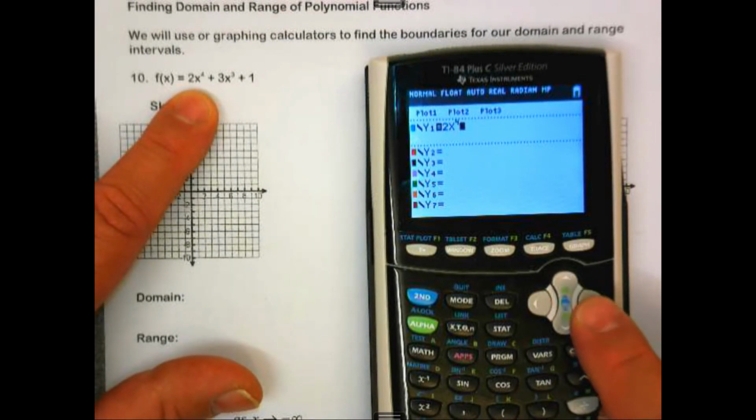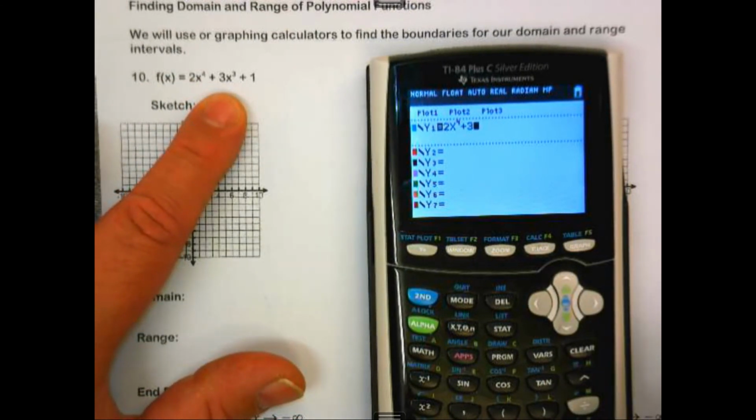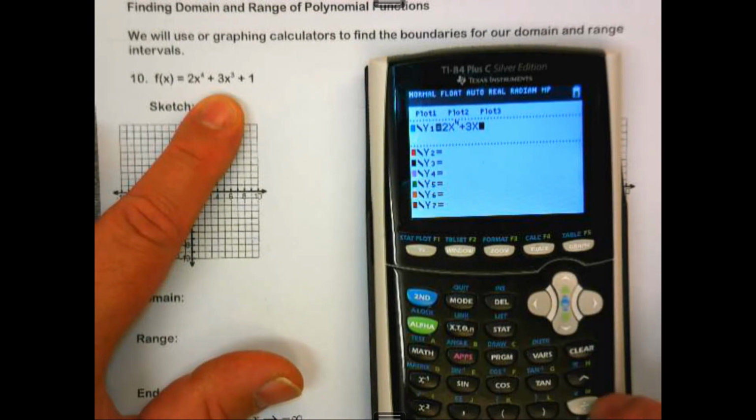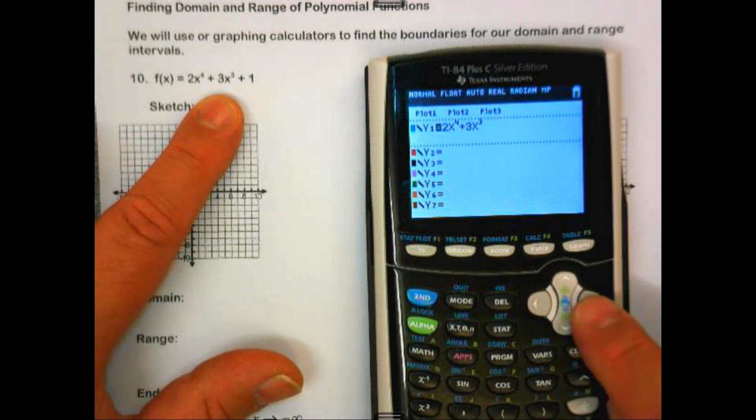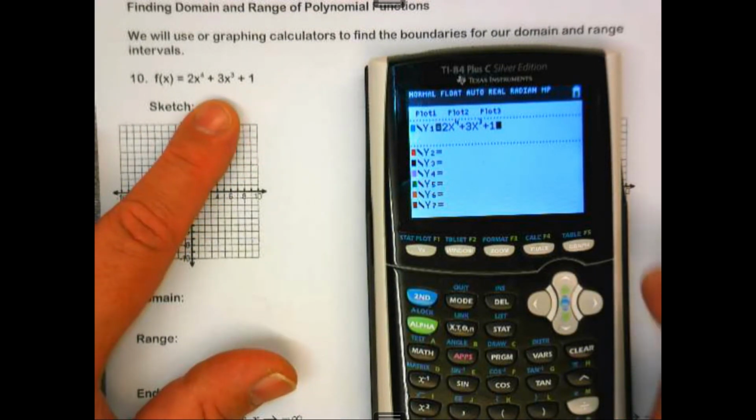Forgot to hit my arrow key again to get out of that exponent. Plus 3x raised to the third plus 1. And I'm going to graph it.